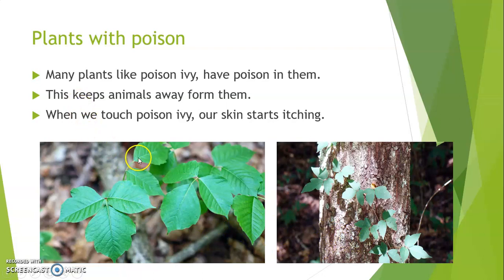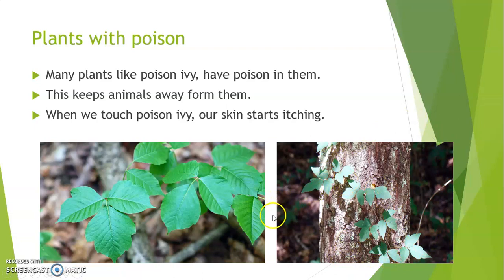If the animals would eat this poison ivy, they can get harmed by the poison of the plant. Also, if we touch the poison ivy, our skin starts itching. So you can see this is the poison ivy plant. It is a climber kind of plant which is rolling up on another tree.